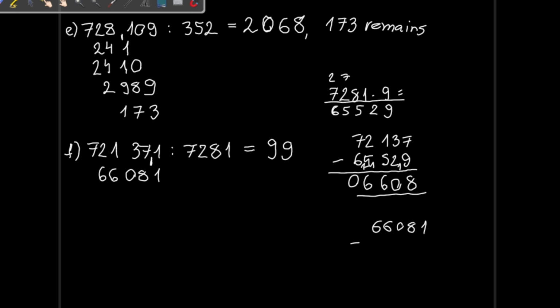So 6, 6, 0, 8, 1 and 6, 5, 5, 2, 9. Let's see, we got 2 here, we got 5 here, we got 5 here again. 552, I believe.